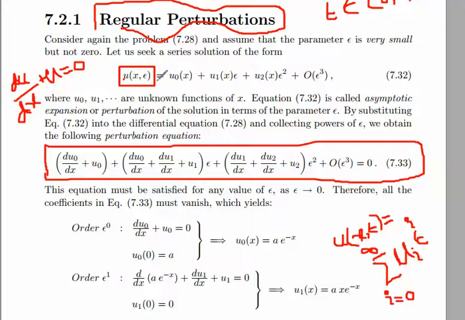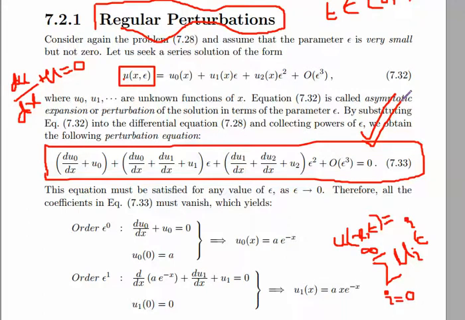Once we plug in all the values of du/dx plus u and rearrange all the powers of epsilon, we will have exactly this form for the above differential equation. Now from here, we are trying to collect the powers of epsilon.